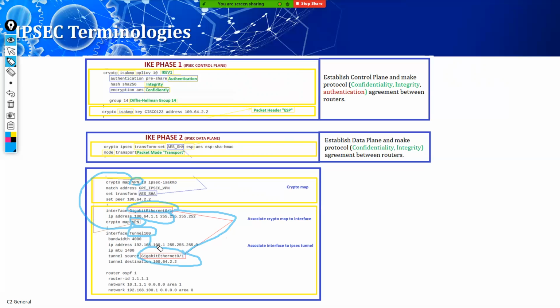So the GRE tunnel is associated with the interface, the interface is associated with this crypto map, and this crypto map is associated with the IPsec security. That's how IPsec security is implemented on the tunnel.